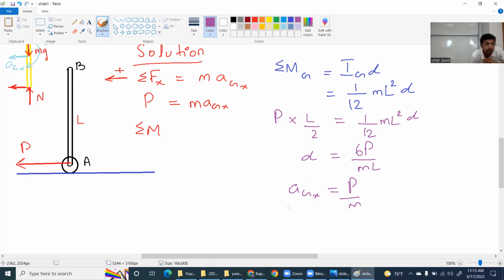And last but not least, I have to find the acceleration of point B. How can I find it? AB is equal to AA plus, not AA, I apologize, AG plus alpha of the rod multiplied by, you can call this rod AB or BA, whatever, it's entirely up to you, cross position of B with respect to G, correct?